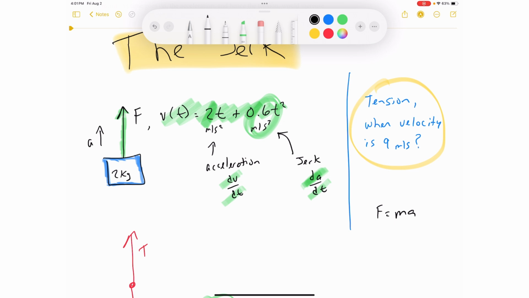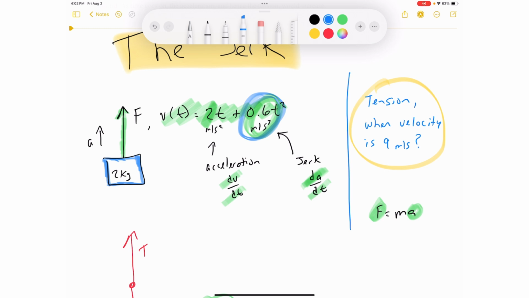So the force is changing over time because the acceleration is changing over time. And the reason the acceleration is changing over time is because there is jerk. So the jerk is what's causing all the problems here.